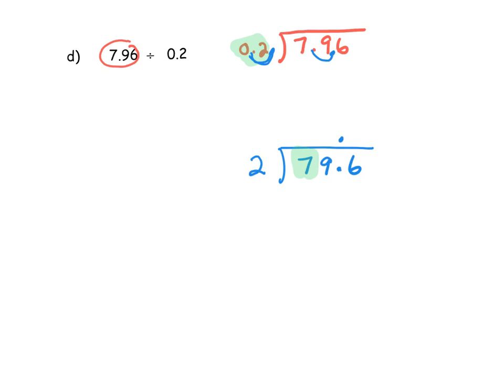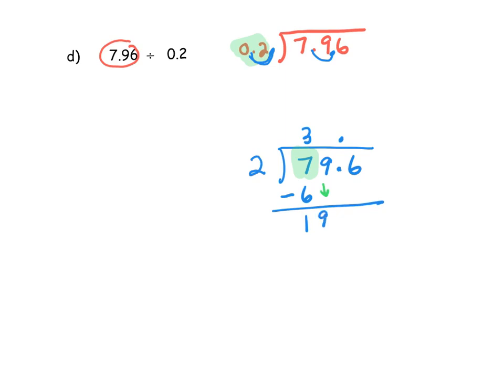of 2. 3 times 2, 3 groups of 2 make 6, and so now I'm going to subtract 6, which leaves 1, and I'm going to continue to divide. So I'm going to just drop this number that's left over, just the 9. I'm going to drop that number down, and I'm going to pretend that this is 19.